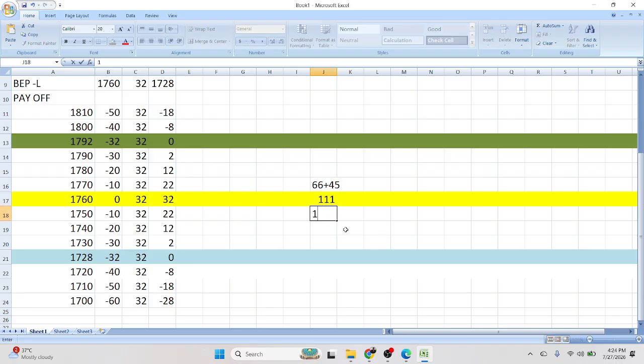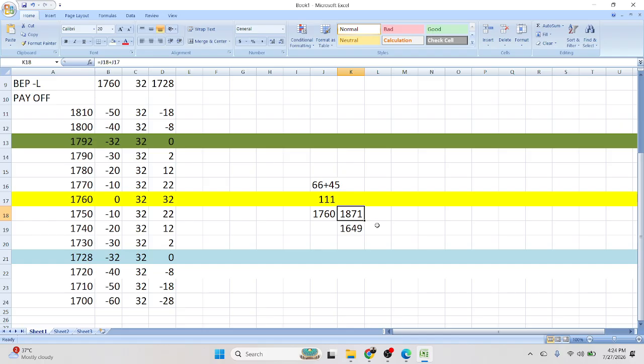If you buy a call option and the put option, so 7600 plus this one is the break even point, this one plus this one equal to this one. Same way on the lower side, this one minus this one.